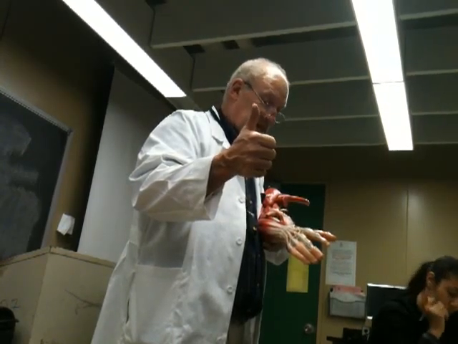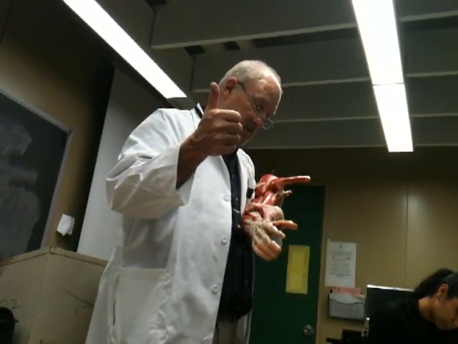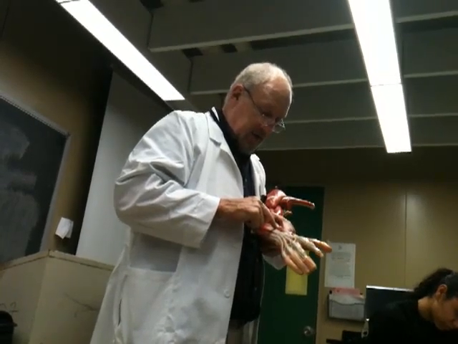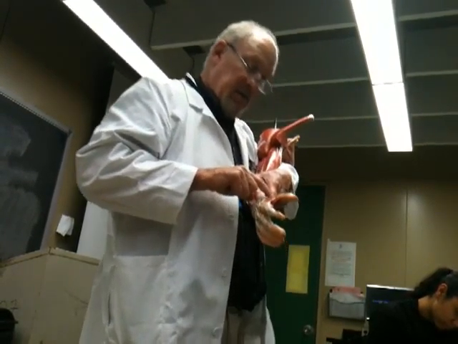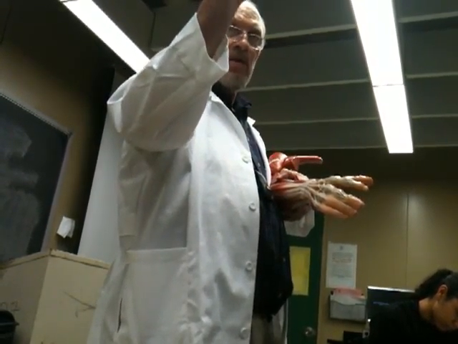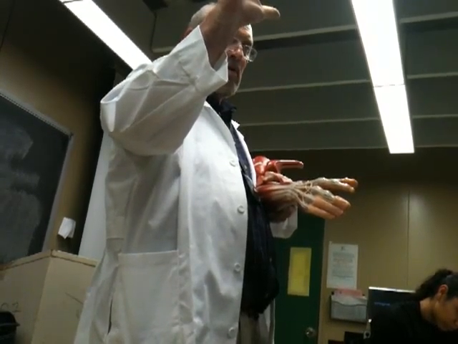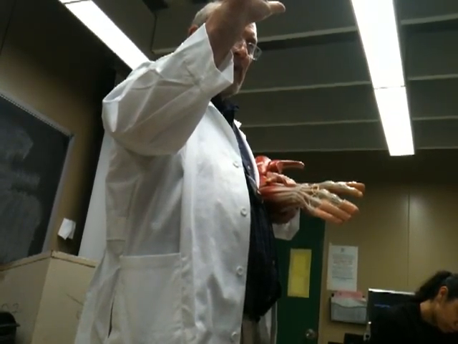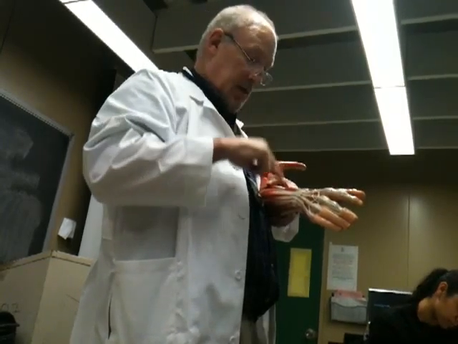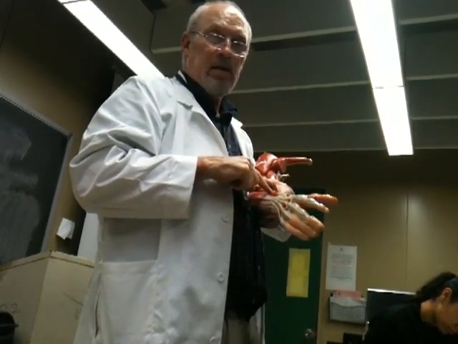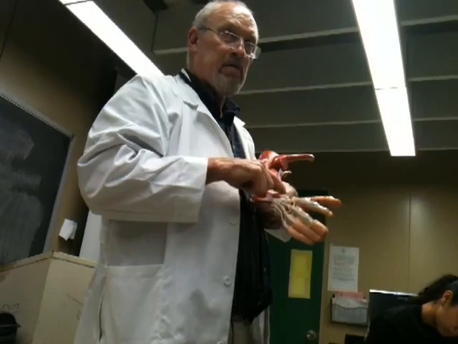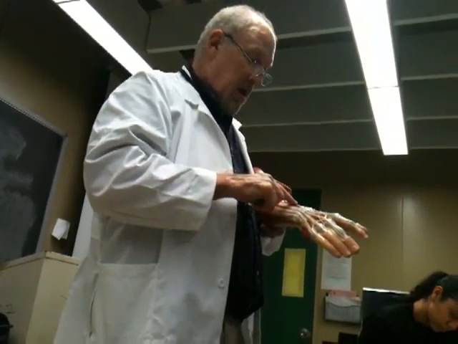So I call this an extensor pollicis brevis. Brevis. And if we look at 23, it's inserting on the side of the thumb. So when it contracts, it's causing this. What is this movement called? Abduction. This is adduction. So this has to be an abductor pollicis longus. So they're going to the thumb. Thumb is the pollex.